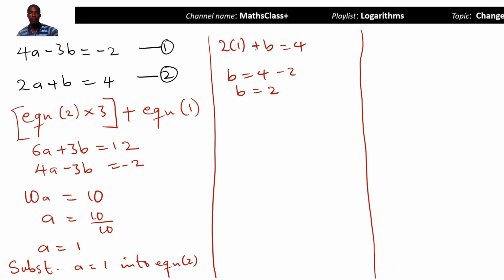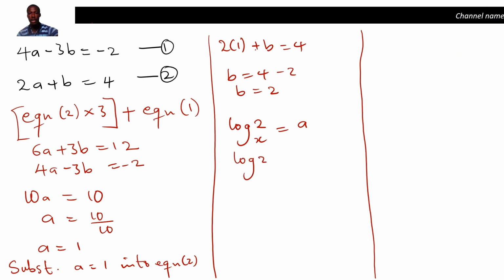Thus, we have log 2 to the base x is equal to a. And now that we have a to be 1, we will say log 2 to the base x is equal to 1. Now I will change this expression to indices, and that will give me 2 is equal to x to the power 1, which is the same as 2 is equal to x. So our x is equal to 2.